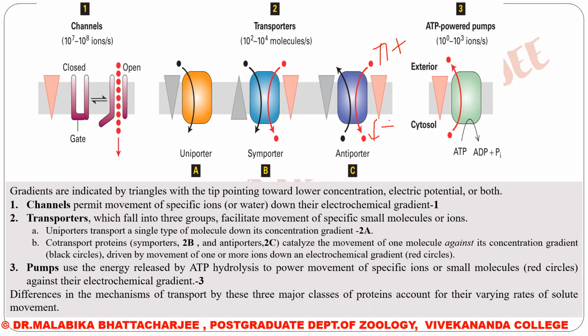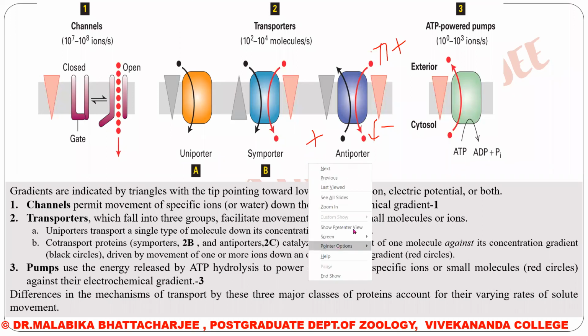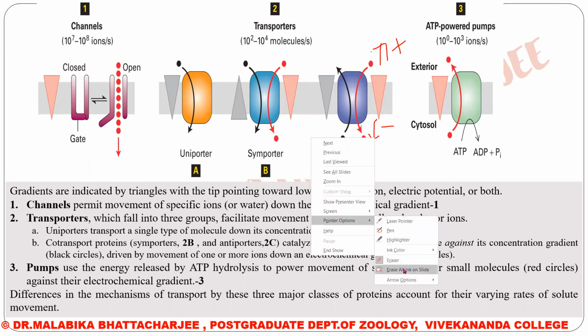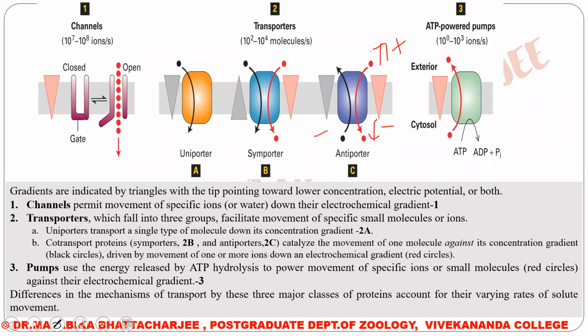So the red molecule is moving from a higher to a lower concentration. In case of the black molecule, it's moving against the concentration gradient. We have a lower concentration of the black molecule on the inside and a higher concentration of the black molecule on the outside.